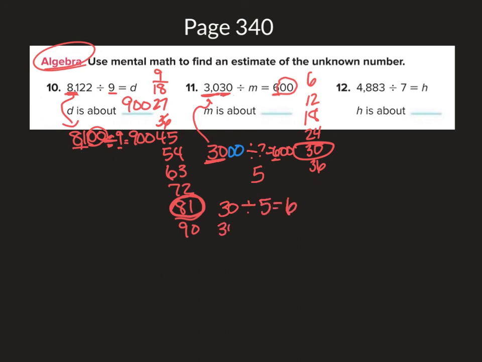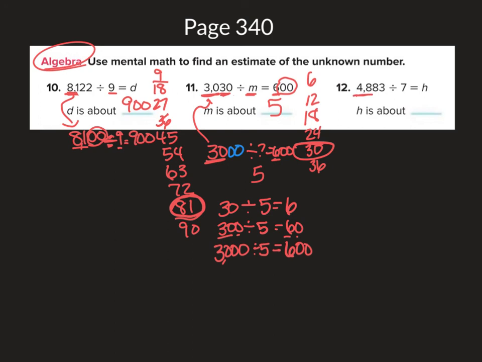So then if I did 300 divided by 5, that would equal 60, right? Because I did 30 with a 0, 6 with a 0, I multiply by 10. So then if I do 3,000 divided by 5, that would be 600. Love it. So our missing number here is 5. It's just 5. So that wasn't too bad, right?